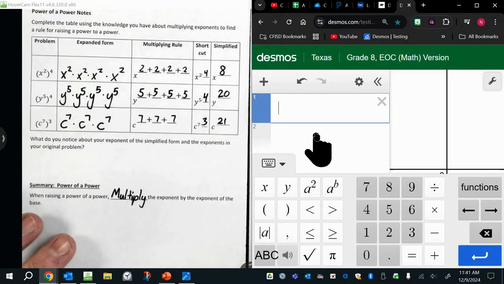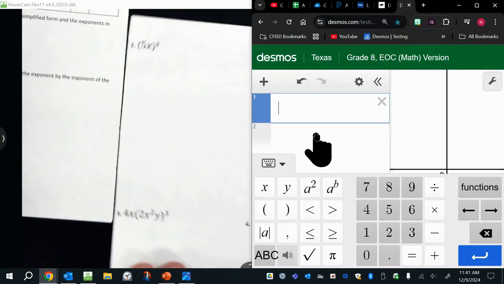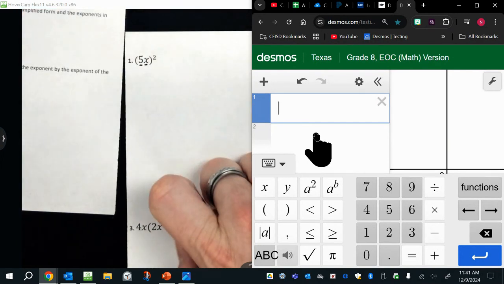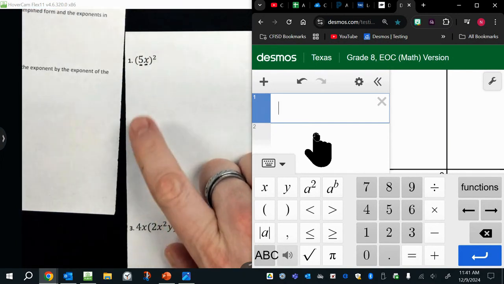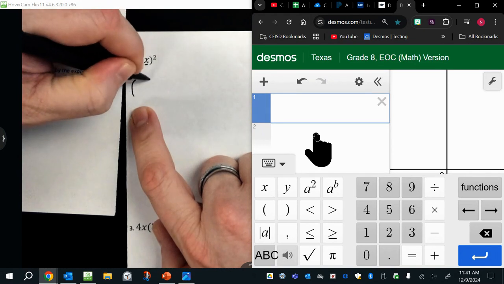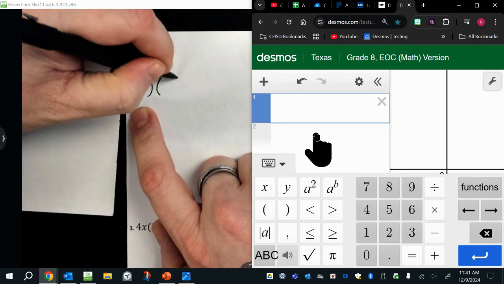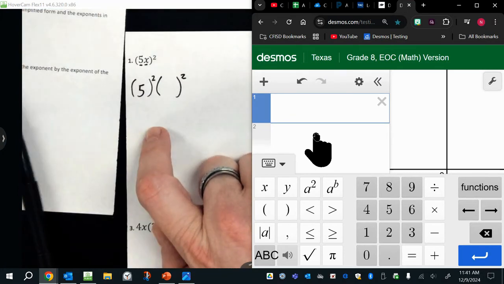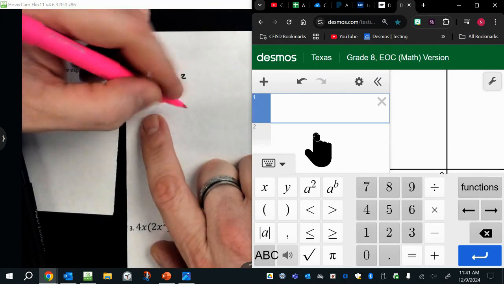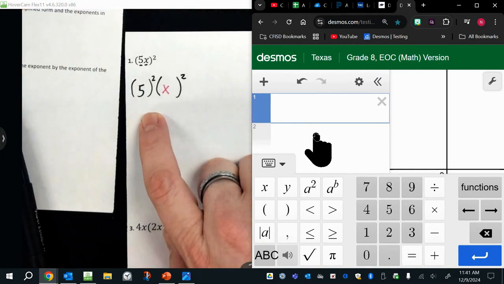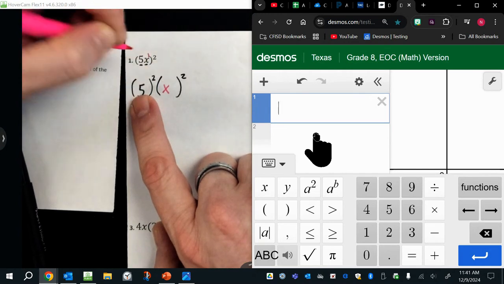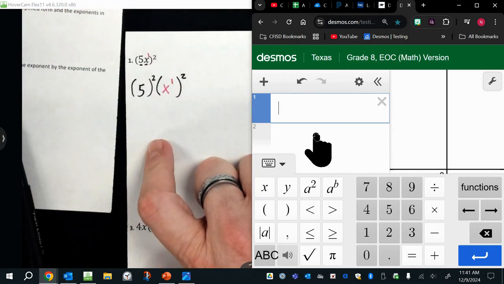So let's take a look at a couple examples. Here's how we're going to do this. We got a 5 and an x being raised to the power of something. So I'm going to write this 5 in one parenthesis and this x in another parenthesis. This x is to the power of 1, so I'm going to put a 1 right here.